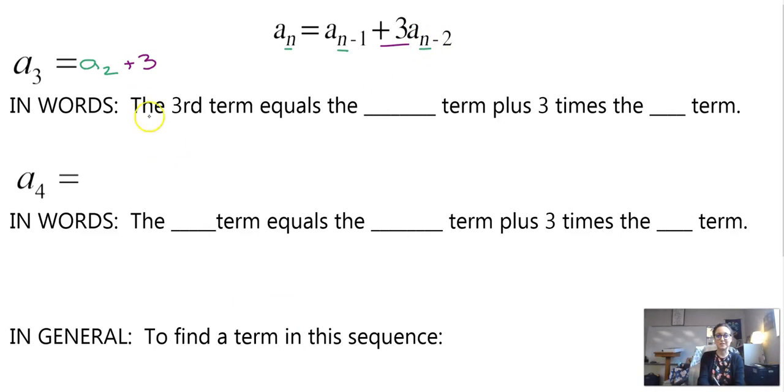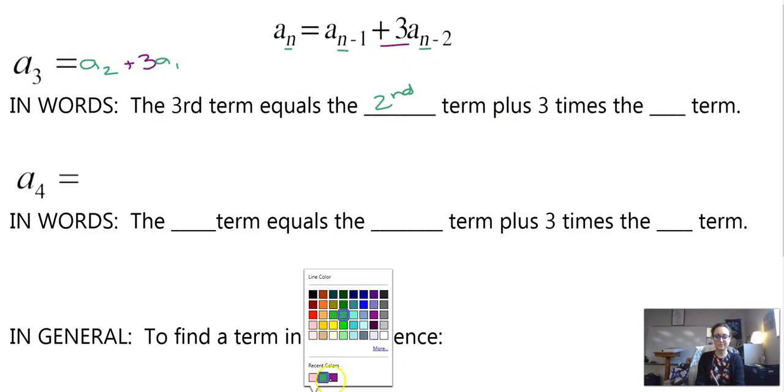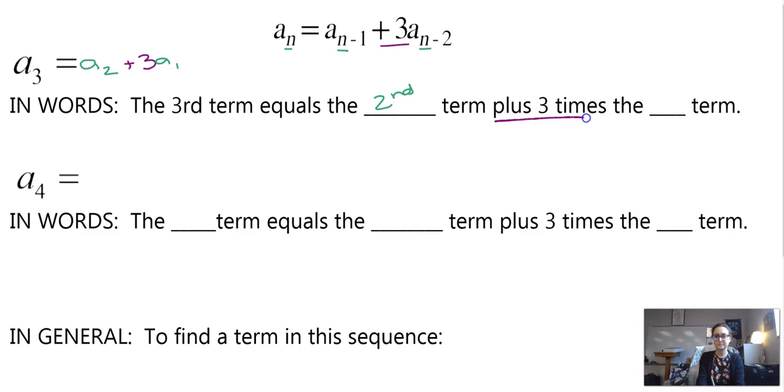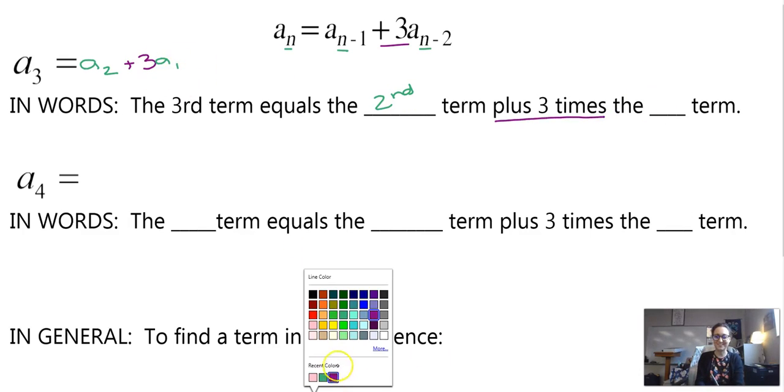And 3 minus 2 is 1. So a sub 1. So in other words, the third term, a sub 3, equals the second term, correct, a sub 2, plus 3 times the a sub 1, which is the first term, right?